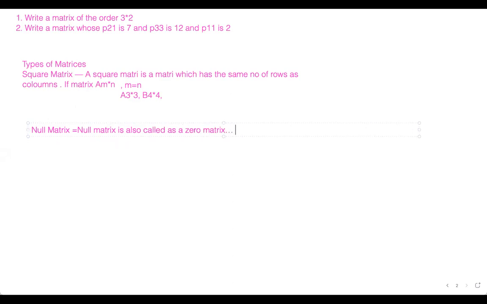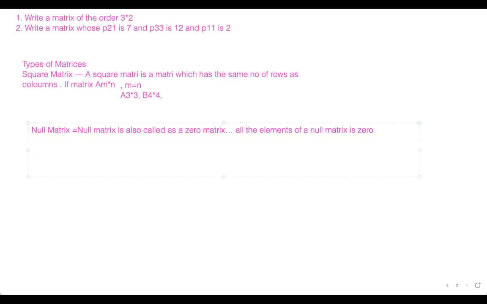So all the elements of a null matrix are 0, right?